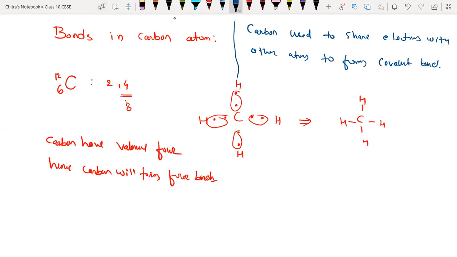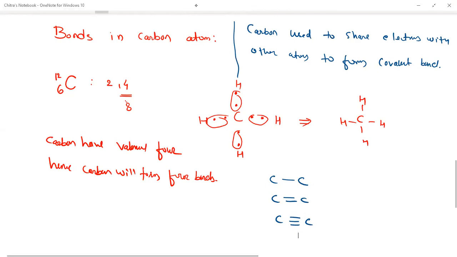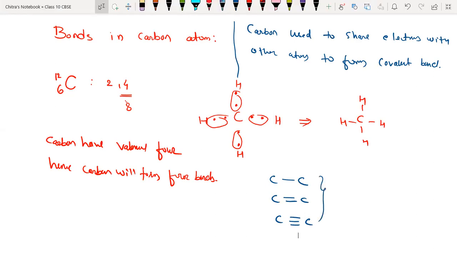So carbon generally forms carbon-carbon single bond, maybe carbon-carbon double bond, and carbon-carbon triple bond also. We will discuss that in the hydrocarbons part. Just remember, carbon is going to share electrons with other atoms to form the covalent bond.